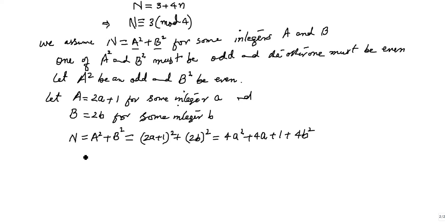Okay. So we will keep all numbers with coefficients 4, and we take 4 as common from those. So we take 4 as common: a square plus b square plus a, and plus 1. Okay.